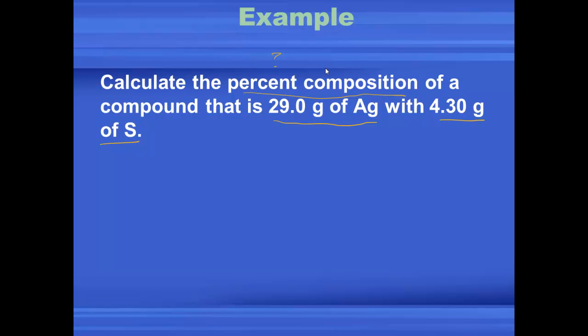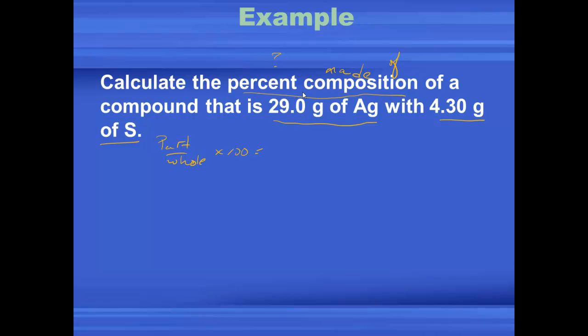And composition, in case you don't know, just means what it's made of. Okay, so that's all composition means, what it's made of. Okay, so I am looking for my part over my whole thing, and I'm going to multiply it by 100.